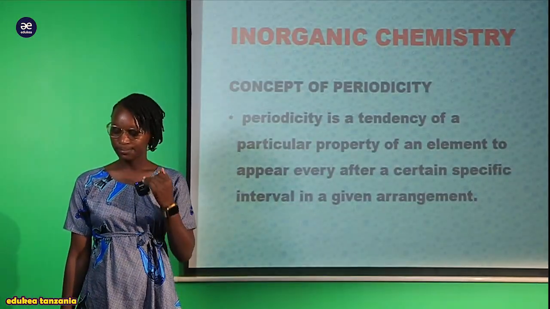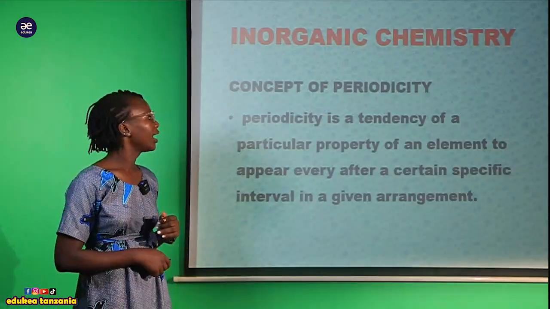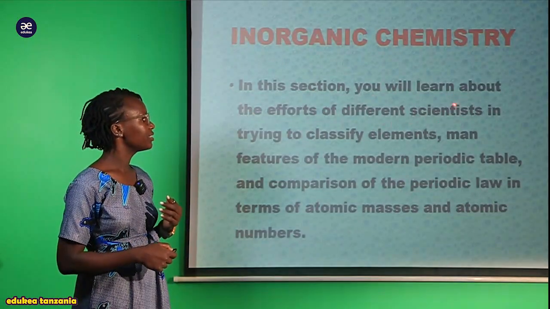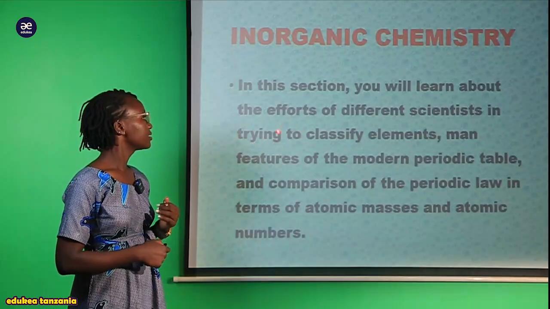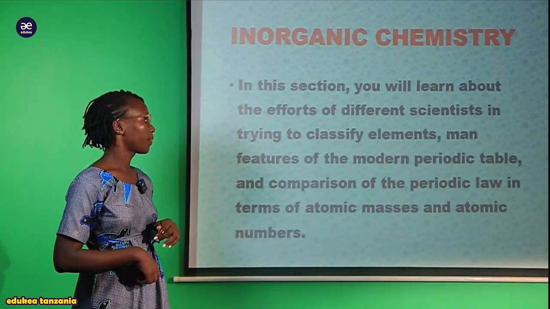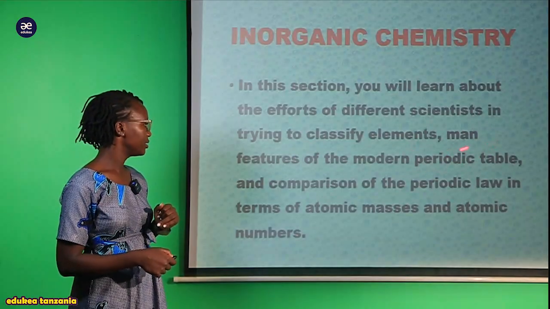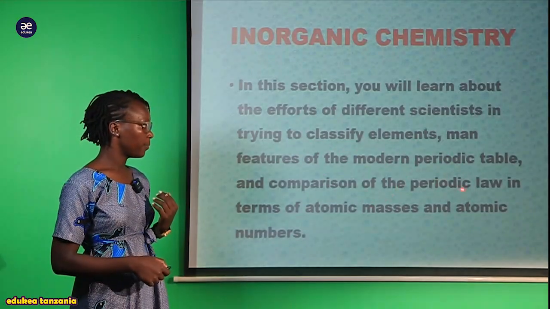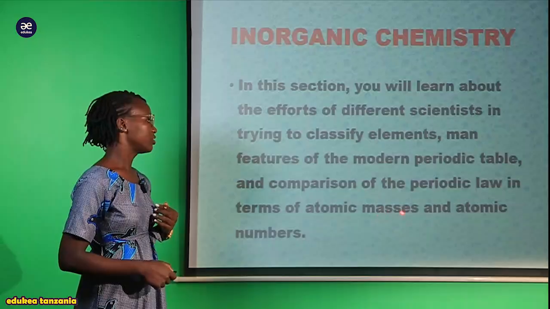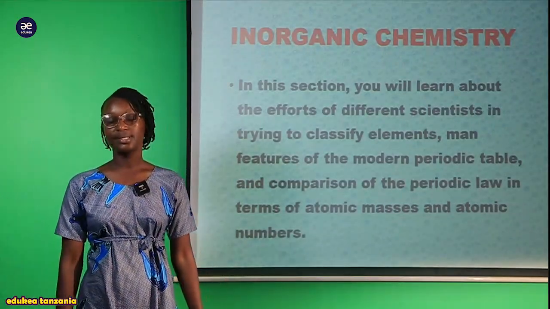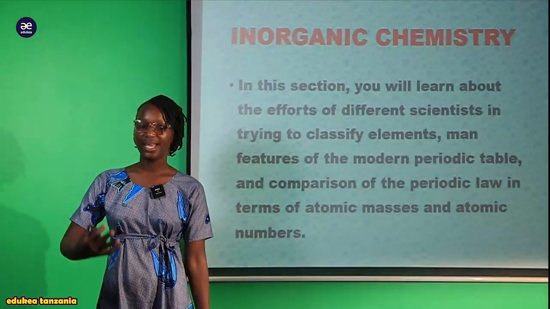So my student, you can see that in this section you will learn about the efforts of different scientists in trying to classify the element. Main features of the modern periodic table and the comparison of the periodic laws in terms of the atomic masses and atomic number. Sasa hapa kwenye concept of periodicity ambapo tunaona kwamba inaonyesha ile tendency.